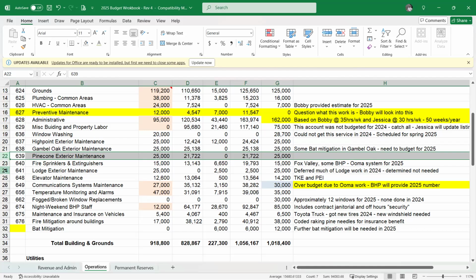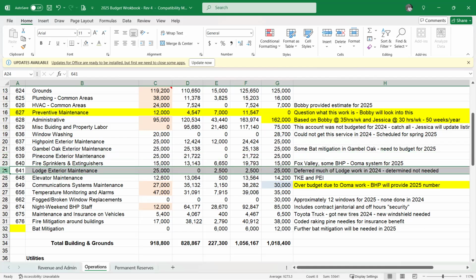And I'll skip down to Lodge, just to keep on the same thing. Apparently, we're deferring much of the Lodge work in 2024. What was the logic in that, Bobby? Well, we use some of that for our work in High Point, we have the project. What about the exteriors, Bobby?